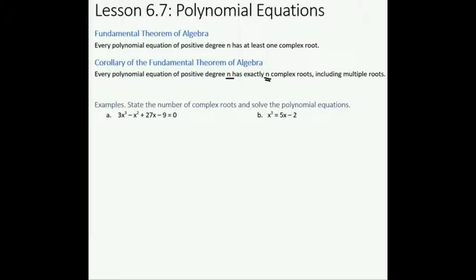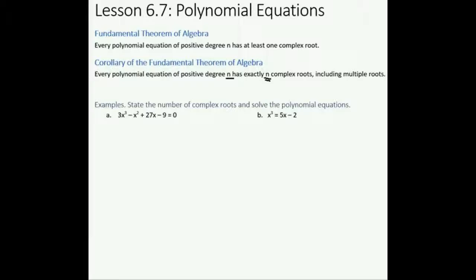So this is saying whatever our degree is, that's how many complex roots we'll have. And notice we're talking about complex numbers, so this could include imaginary numbers. And this includes multiple roots, and this means the same number, like 7, could be a root more than one time. So we don't just count that 7 once, we would count it all the times that it would be a root.